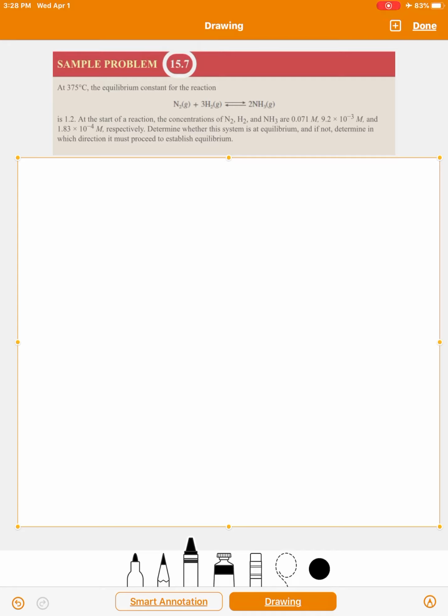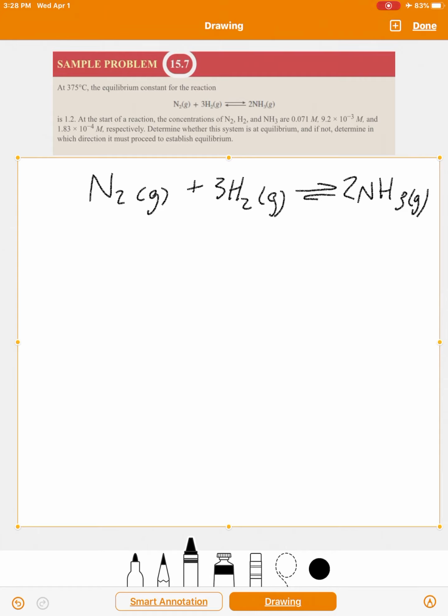So what I'm going to do is write this equation a little bit bigger. Nitrogen plus 3 hydrogens forms 2 ammonias, all of them gas phase. We are told that Kc is equal to 1.2, right?